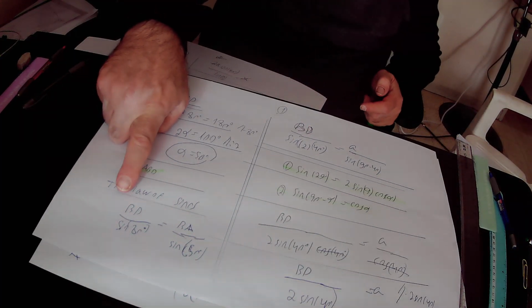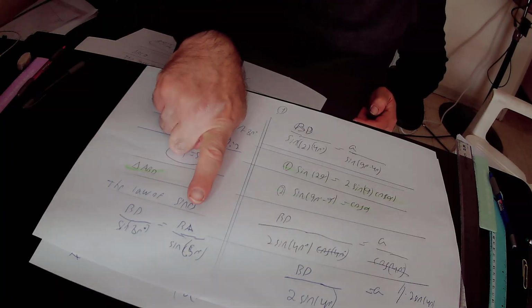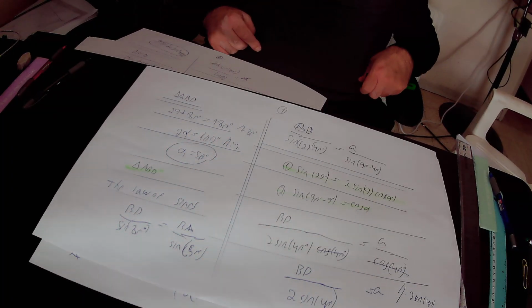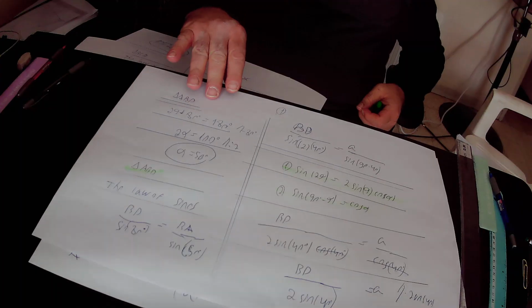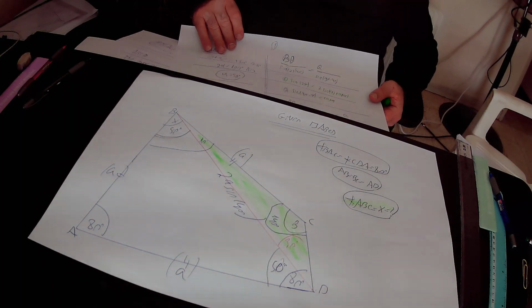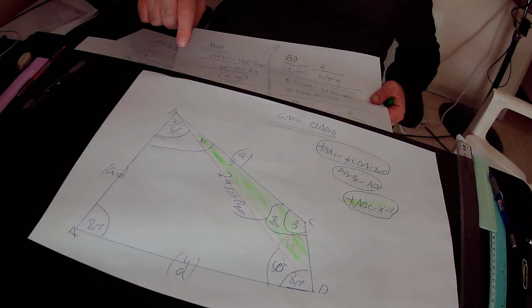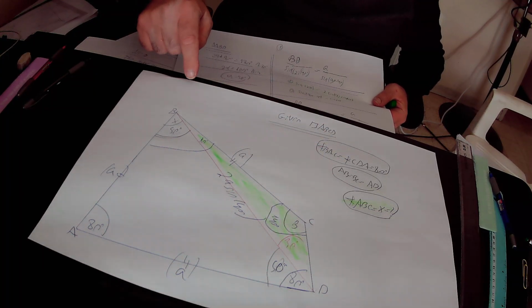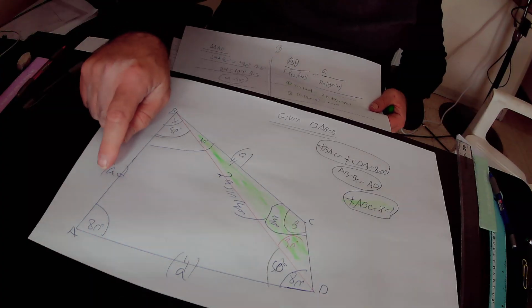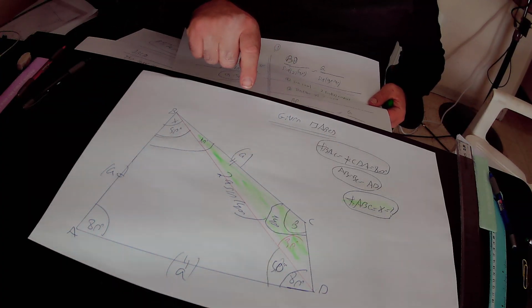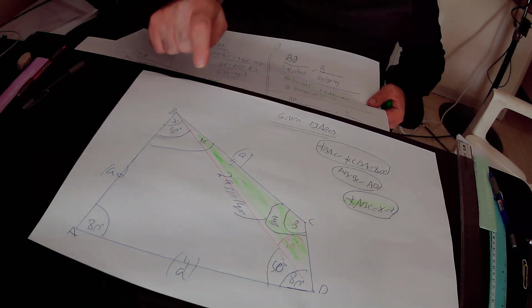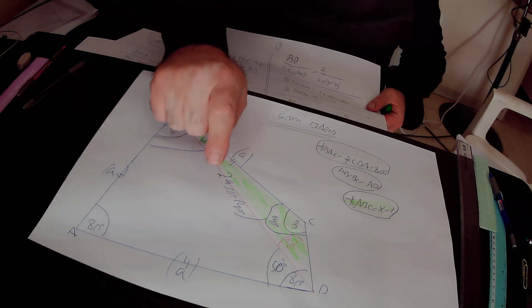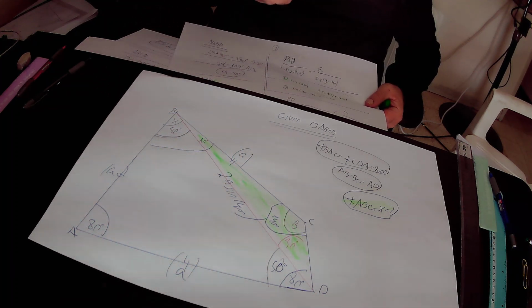First of all, we define side BC as A, and because BC equals BA equals AD, and the length of side BC is A, the length of side BA, or AB, must also be equal to A, because they are equal to each other.